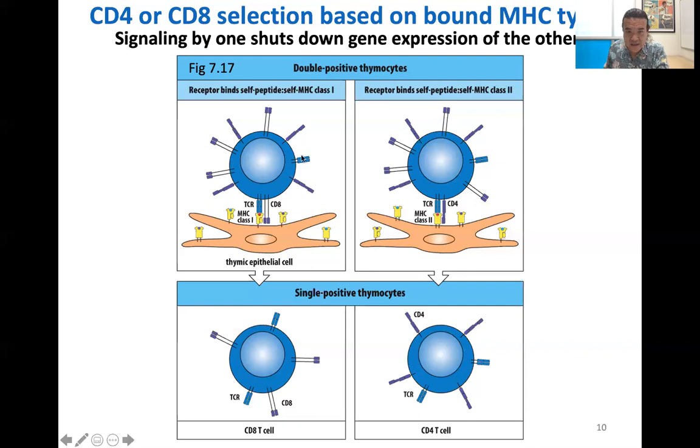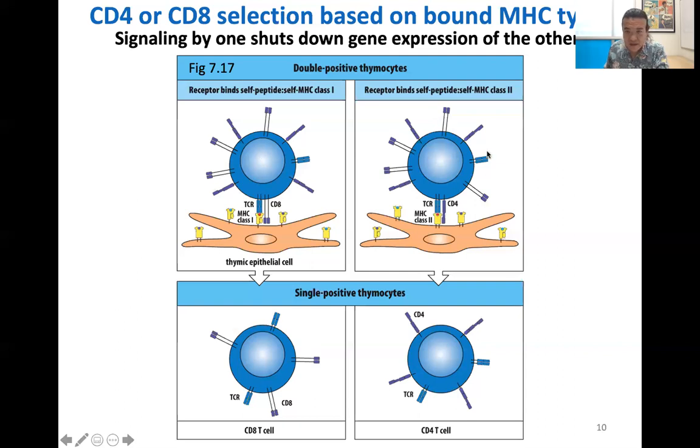The CD8 receptors on its surface come over and confirm, oh yeah, we've bound to MHC1. So what happens? This sends a signal into the nucleus of the cell that says, stop making the other co-receptor, stop making the CD4, and just stick with making CD8 from now on.